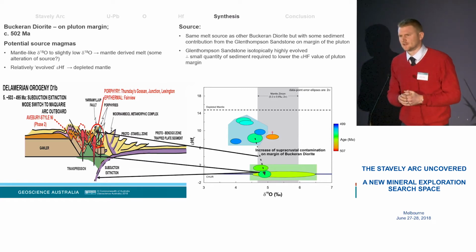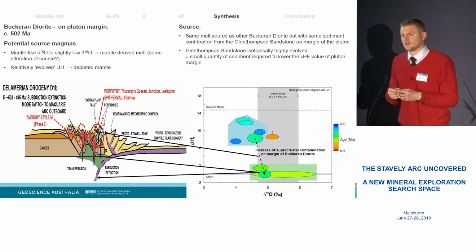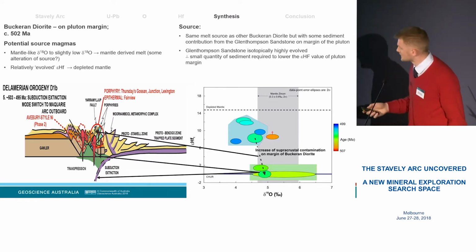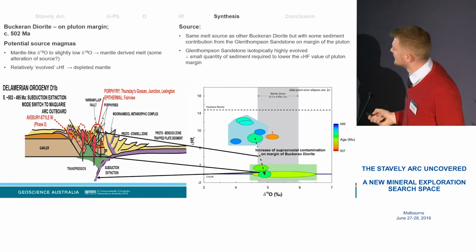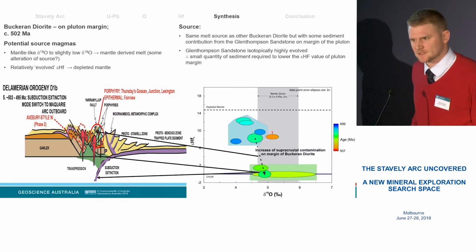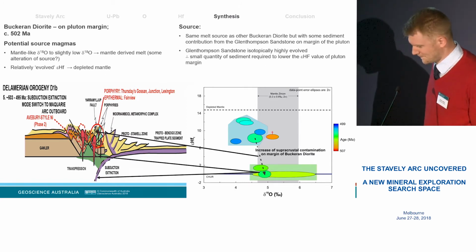Add a little bit of sediment, which is the Glen Thompson sandstone. Oxygen's quite happy to behave, whereas hafnium is really going to drag things down. That's what we see with this sample on the edge of the buckra. You really drag down your hafnium, but your oxygen, left to right, doesn't change that much. So perhaps there's something going on just on that particular edge of that granite.